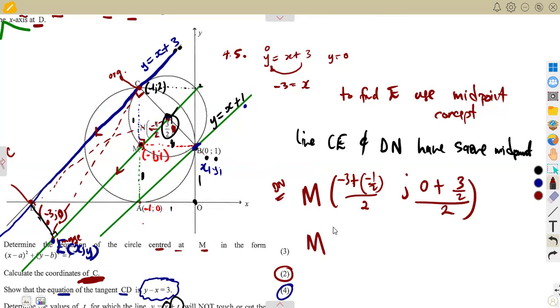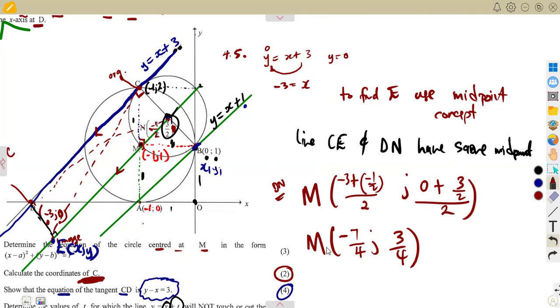So this is our midpoint, which is the intersection of the diagonals. The diagonals bisect each other for a parallelogram, and a rectangle is a parallelogram that has got an interior angle of 90 degrees. So this is what you're going to have as your midpoint, the x and y values.